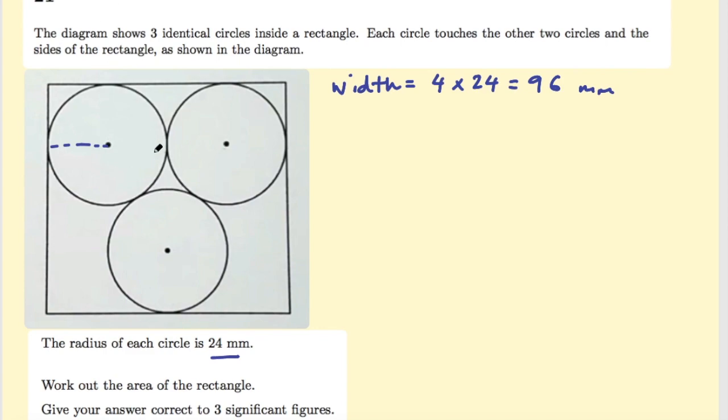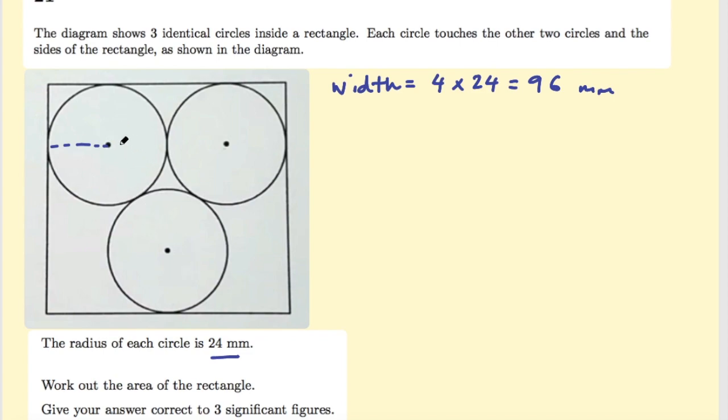Then we need to work out the length or the height. And that's a bit more tricky because we can't just simply say, oh, these are all in line, that's 96 as well. We need to use a little bit of mathematical reasoning.